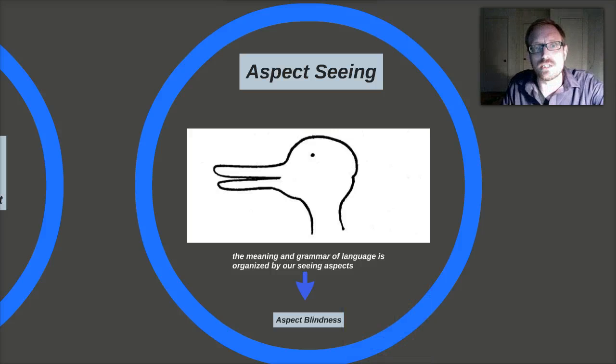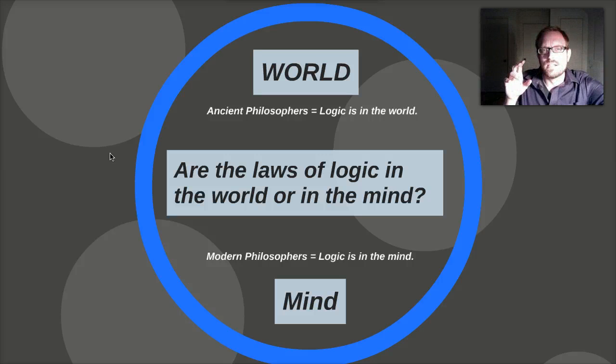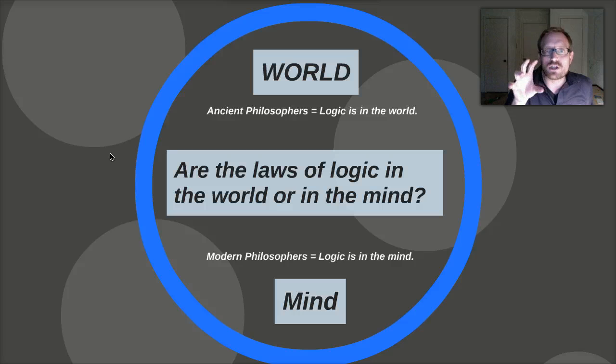So let me just conclude with raising one question for you here, which is namely this. You can see here, I want to make this difference between the world and the mind. And here's my question I want to leave you with tonight, which is, are the laws of logic in the world or are they in the mind? It looks like with the ancient philosophers like Aristotle, the idea was predominantly that logic is in the world.